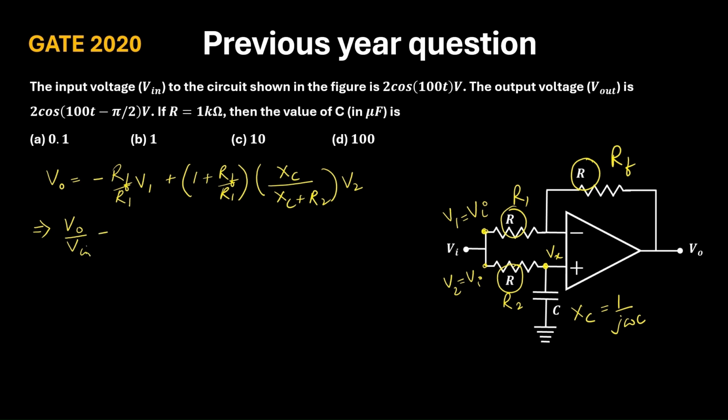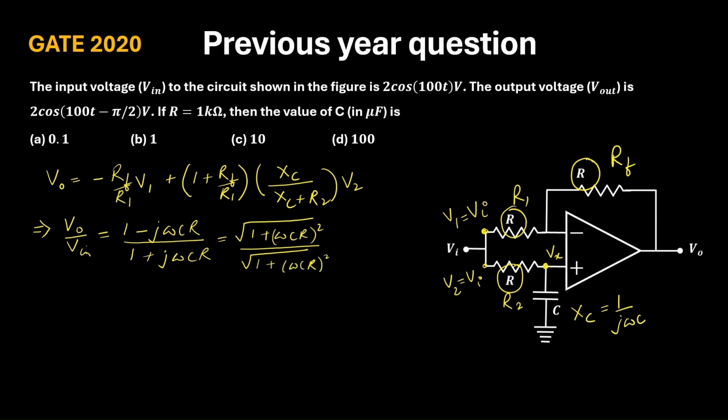V naught by V in is equal to 1 minus, actually it should be minus 1 minus j omega CR divided by 1 plus j omega CR. Now, the relation between the output and input is in a complex form. So you can express in polar form. So if I express in polar form, it will be square root of 1 plus omega CR whole square divided by square root of 1 plus omega CR whole square.